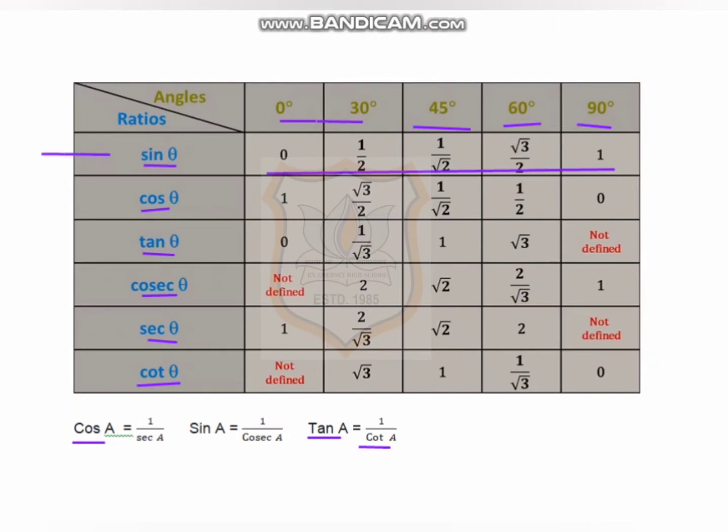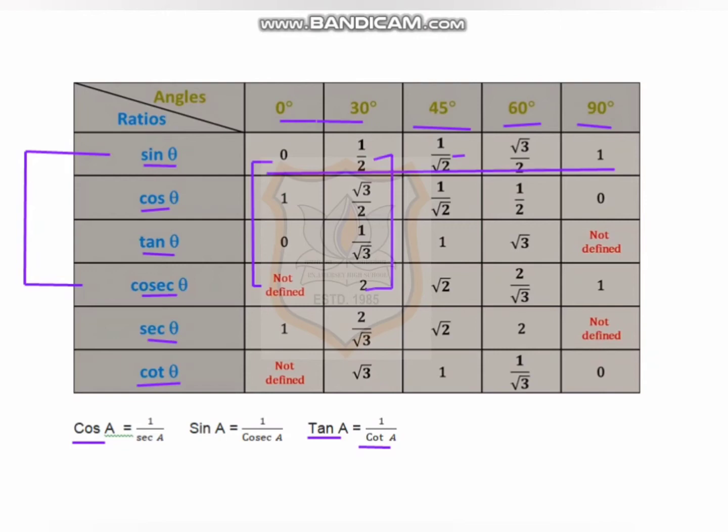From sine, we know that the reverse of sine is cosec. We have to just reverse the value. Means 1 upon 0 is infinity. This is the relation which we have to remember. This is 1 by 2, so I can just reverse it and easily get the value. 1 by 2 reversed, the reciprocal, is 2.